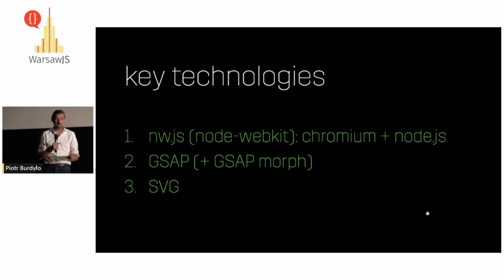For the main part of the animation that you saw, we are using the GSAP library, the GreenSock Animation Platform, which we use a lot for websites and for these kinds of installations. Probably that's the most complex part of this project, because the whole animation is pretty complex.